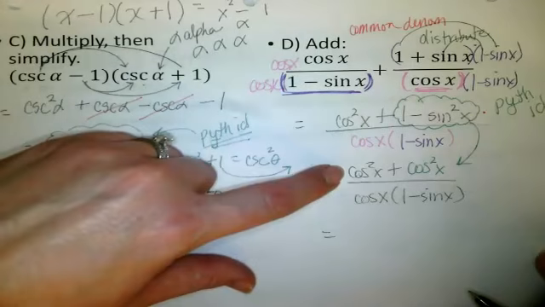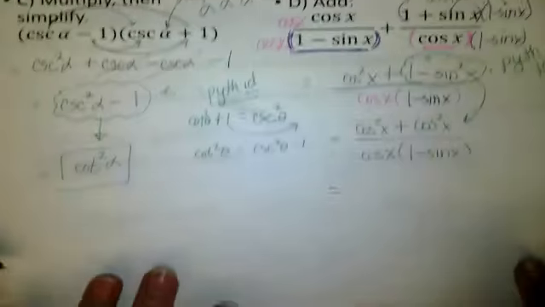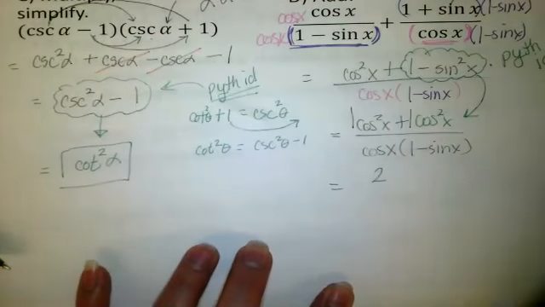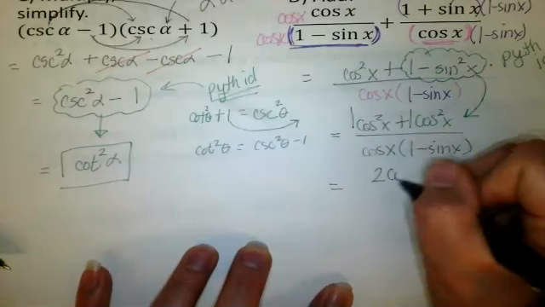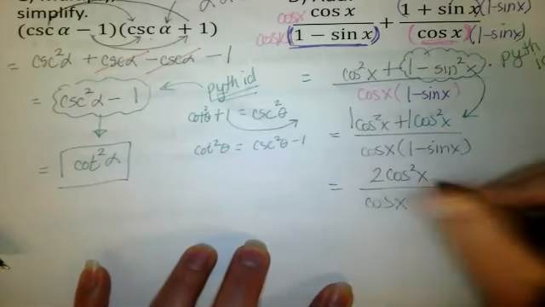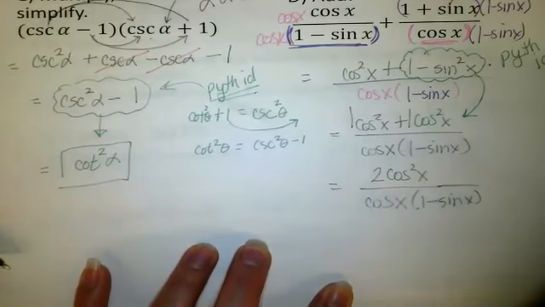All right, now I have cosine squared of x plus cosine squared of x. What is that? 2. Yeah, 1 cosine squared of x plus 1 cosine squared of x is 2 cosine squareds of x over cosine of x and 1 minus sine of x.